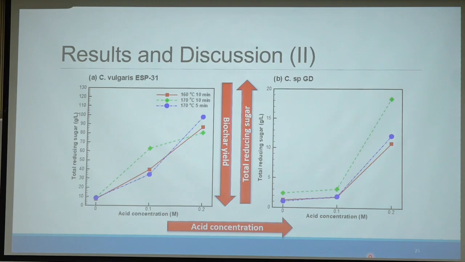So the total reducing sugar will increase with the increase of the acid concentration. This is in line with what we have from the previous study.